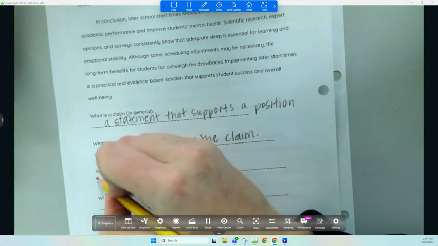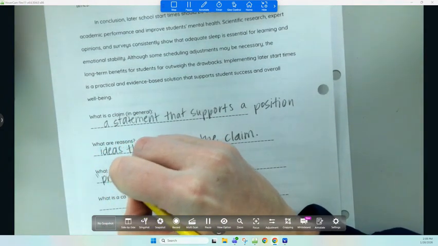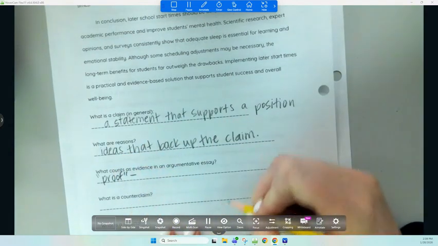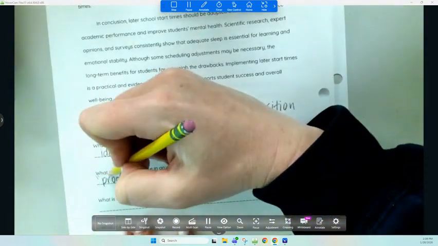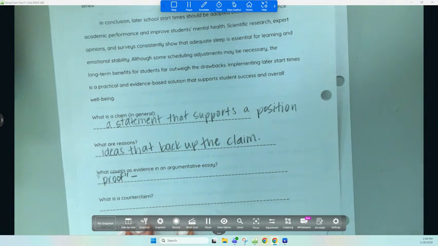So the evidence is kind of like your proof, right? So what counts as evidence? When I'm looking for evidence, it's going to say things like according to the CDC, according to a scientific study, according to this survey.